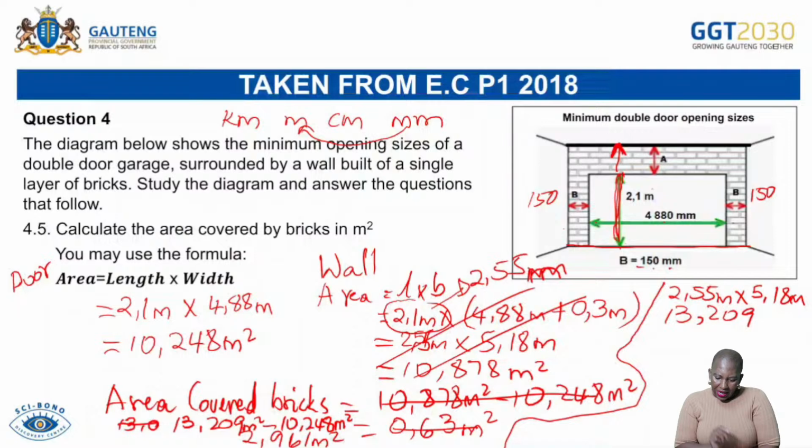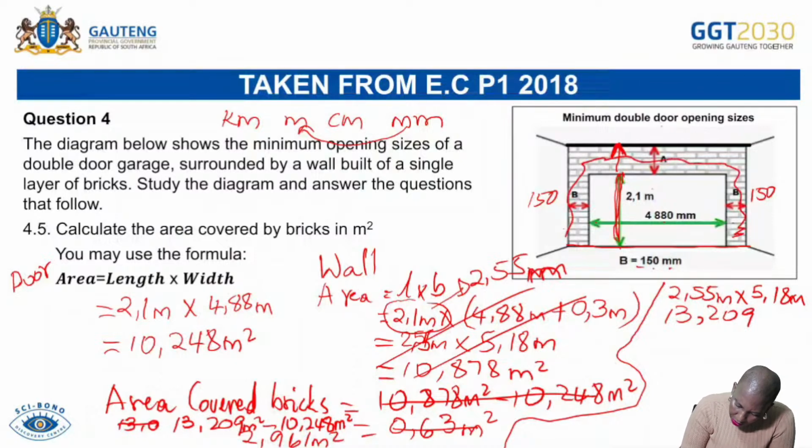So this entire area for the bricks, from here up until here, will be 2,961 meter squares. I hope you got it correct.